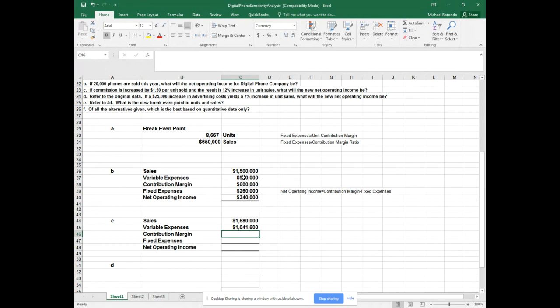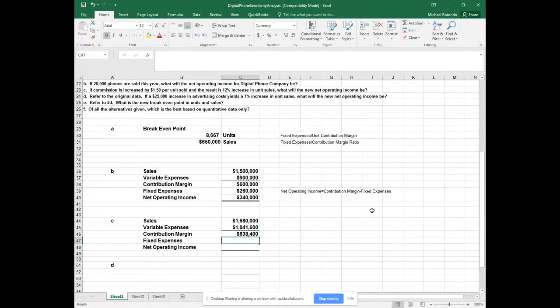Okay? So it's higher than we had in scenario B. However, the key here, we know the fixed expenses are the same. So the key here is the contribution margin higher. So let's find out. We'll take our sales minus our variable expenses, and we have $638,400.